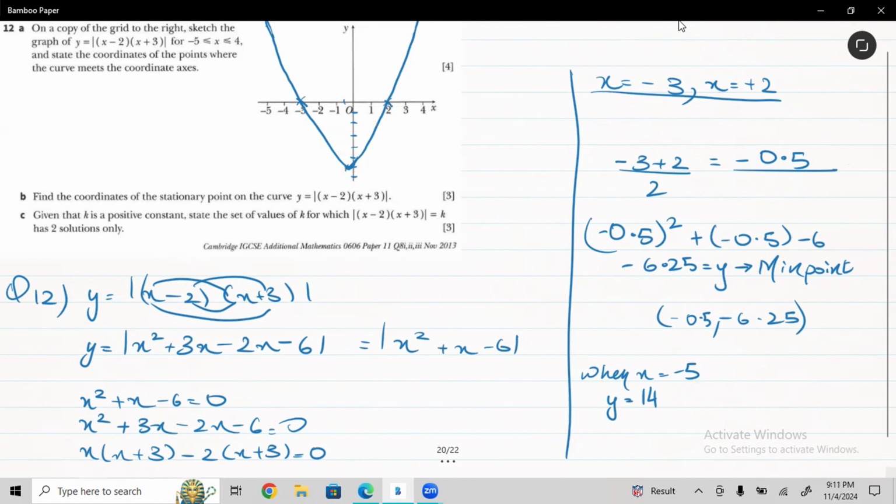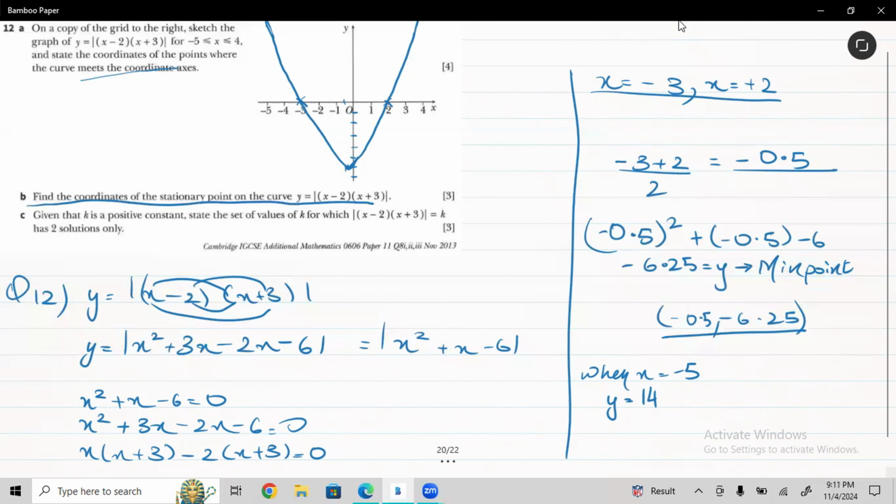Again, they told us to find where the graph meets the coordinate axes, and they also told us to find the stationary point on the curve. We found the stationary point, which is here. Then they told us that, given that k is a positive constant, state the set of values of k for which modulus of (x minus 2)(x plus 3) equals k has two solutions.